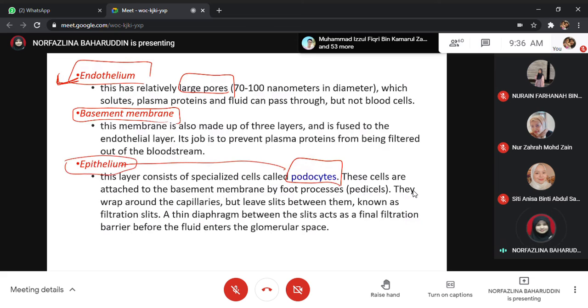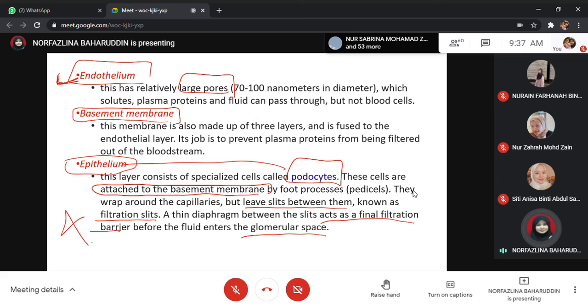This podocyte is attached to the basement membrane, and it leaves slits between them known as filtration slits. So it acts as a final filtration barrier before it enters the glomerular space or glomerular lumen. This is not in the notes, I just added it. You don't need this, just for my explanation.